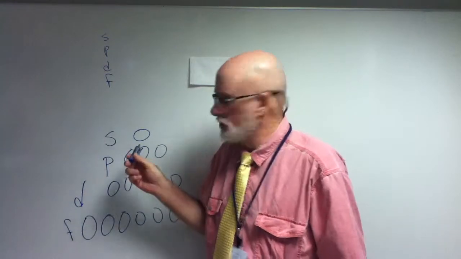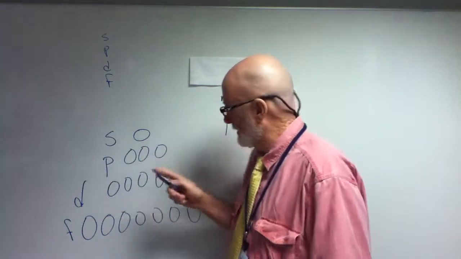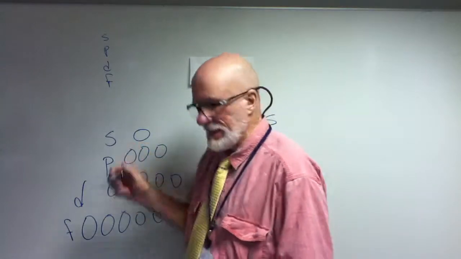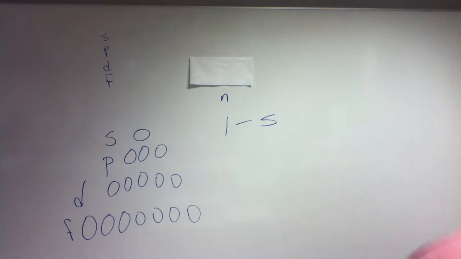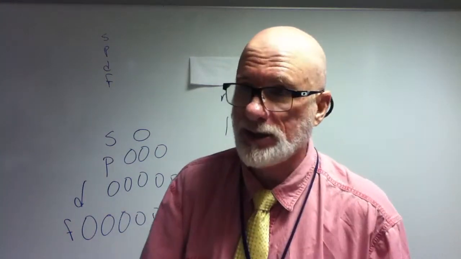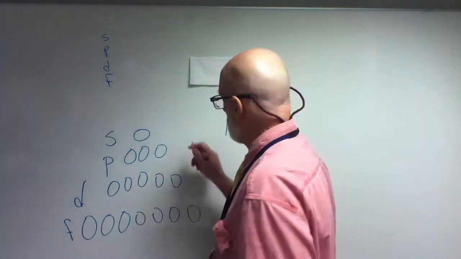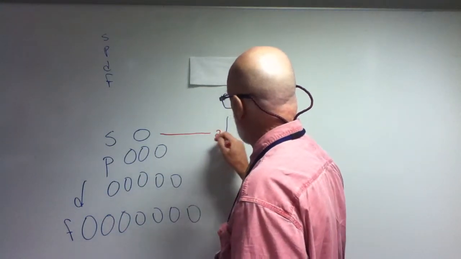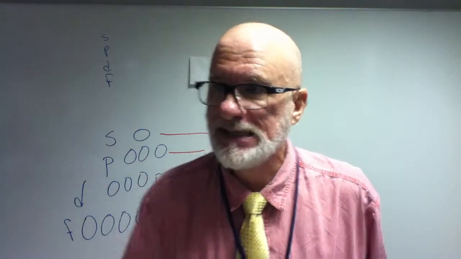So if I can put 2 in each orbital, what's the capacity of S? What's the capacity of the S suborbital? How many electrons can you fit in there? Laura, very good, 2. Excellent. So I can put 2 electrons in that. How about the P? How many electrons will be able to fit in P? 6.